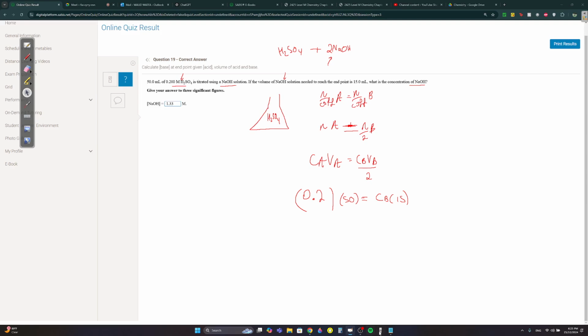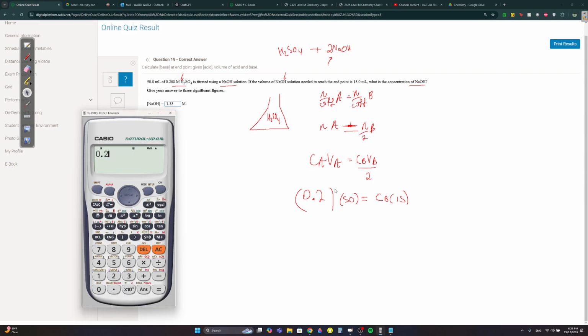Let's do it on our calculator. 0.2 times 50 divided by 15. Oh, we got the wrong answer. I forgot to divide by 2. So let me repeat this: 0.2 times 50 divided by 15 over 2. You get 1.33 to 3 significant figures. Okay, 1.33.